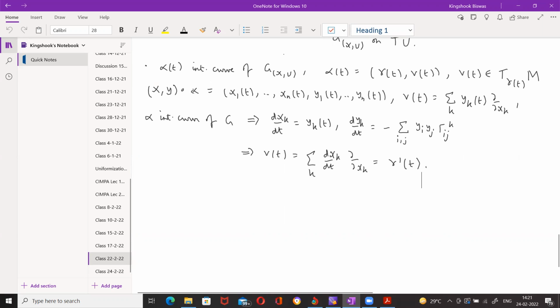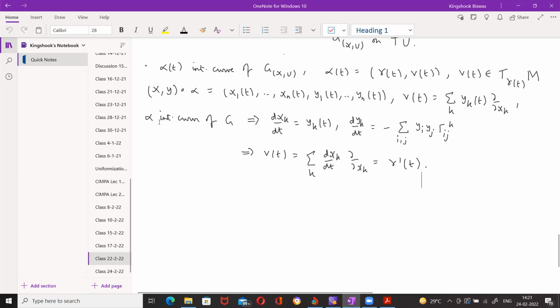So this is a curve in R^2n, of the form (x1(t), ..., xn(t), y1(t), ..., yn(t)). And what are y1 to yn? By definition, these are the coefficients of v(t) with respect to the basis del del x1 to del del xn of the tangent space. So v(t) is the summation over k of yk(t) del del xk.